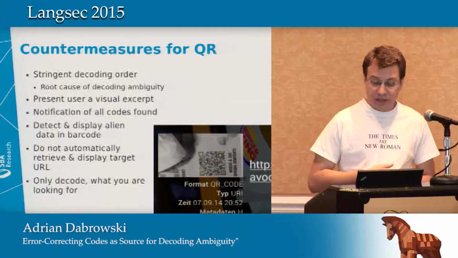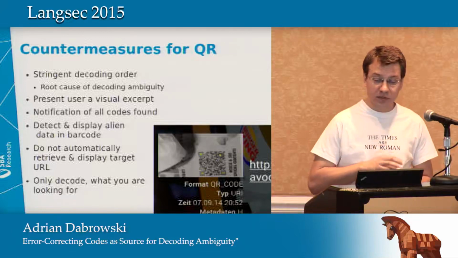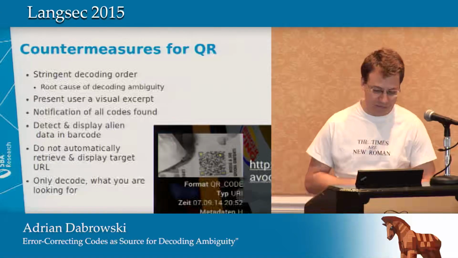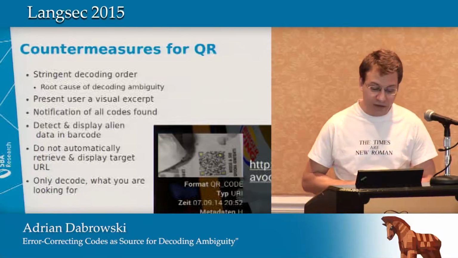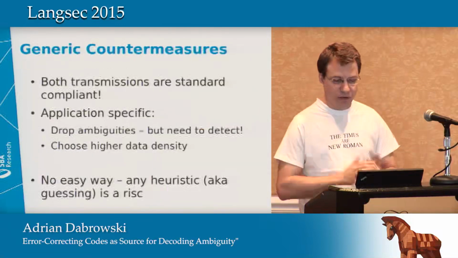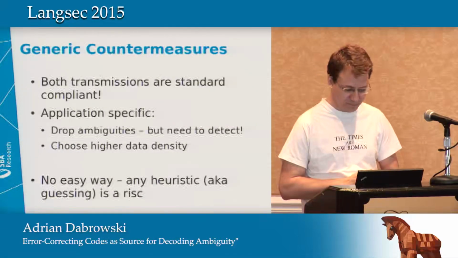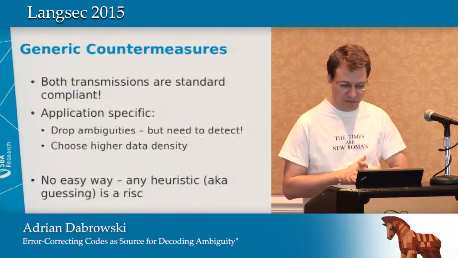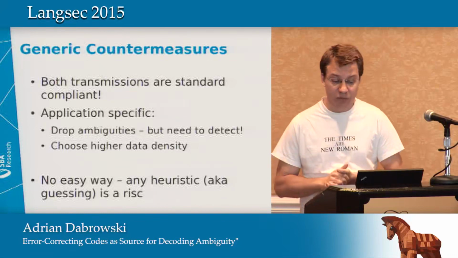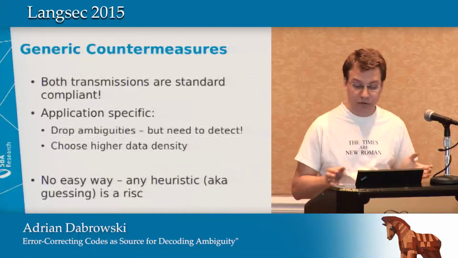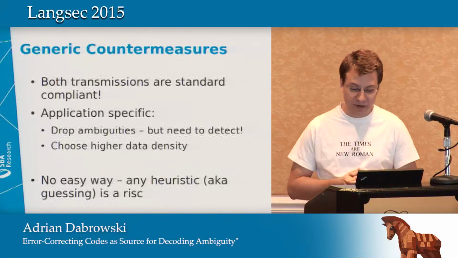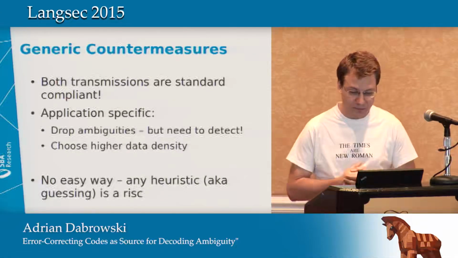But this would mean that the reading software actually tries to decode all possible codes, regardless of which one it found first. However, for the generic case, when we go back to the more generic transmission example from before, it's kind of hard to spot multiple synchronization markers in an asynchronous data channel and verify that they belong to non-overlapping data packets.